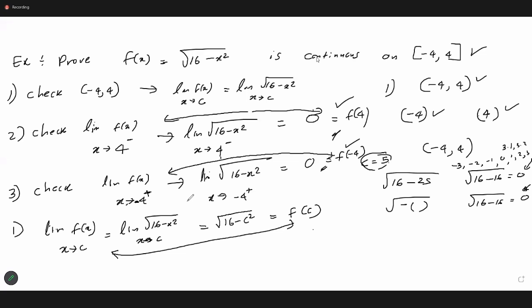Then we checked the two endpoints. Again, these are true. Then we can write this statement: f(x) is continuous on the closed interval [minus 4, plus 4]. We proved that. Hope you understand it.